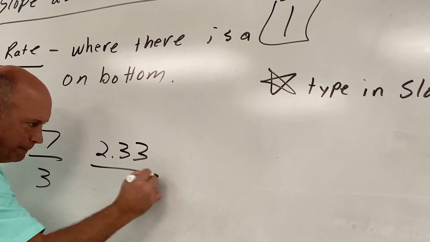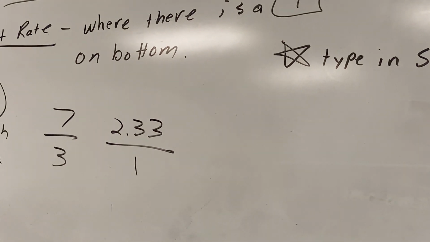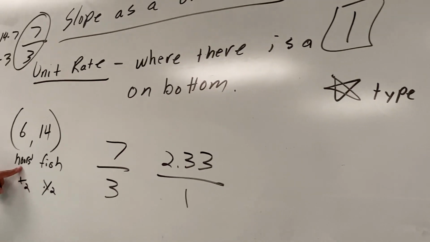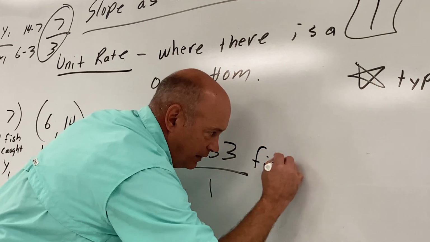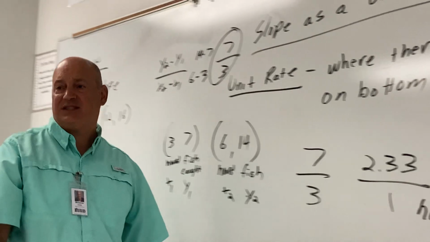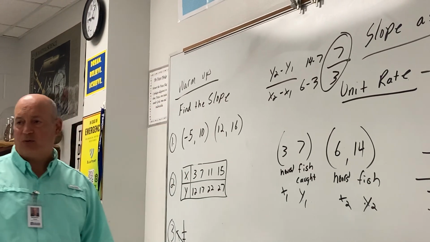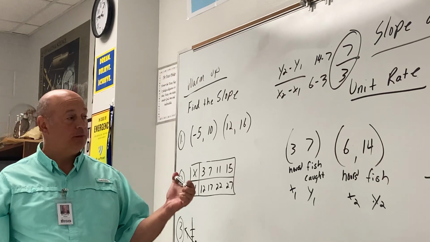And I put that over what? There is my slope written as a unit rate. That means I'm catching 2.33 fish every 1 hour. Coach, how do you catch a 0.33 fish? You don't. It's the average. We're averaging 2.33 fish per hour. Questions?